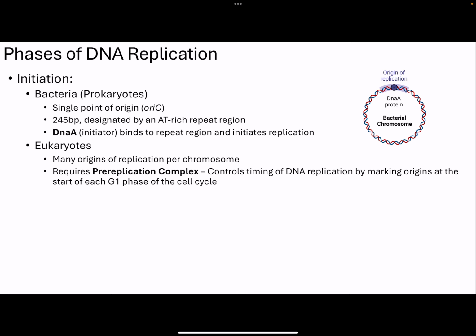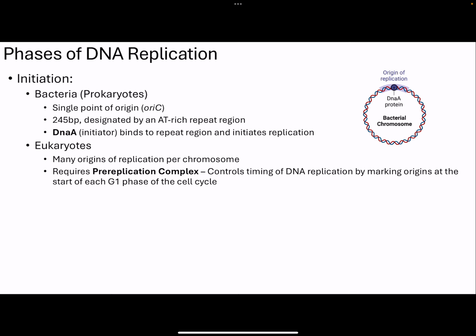There are 3 phases of DNA replication, and we'll start off with the initiation phase. Initiation is a little bit different between bacteria or prokaryotes and our animal cells, eukaryotes, if you will. And the major reason for this difference comes down to the amount of genetic material that's present in these different types of cells. So with bacteria, you have relatively small chromosomes, relatively little genetic information, whereas in eukaryotes, we have much larger genomes.